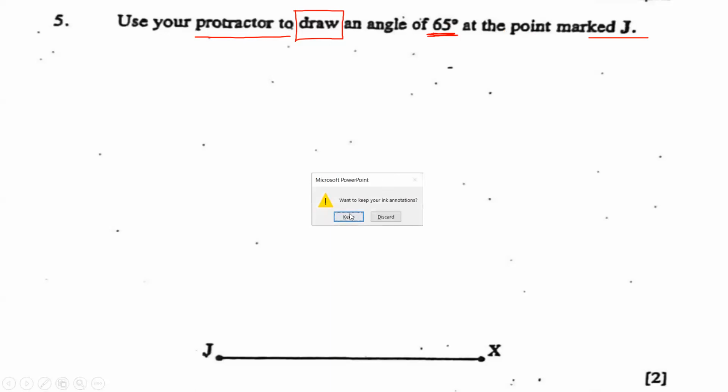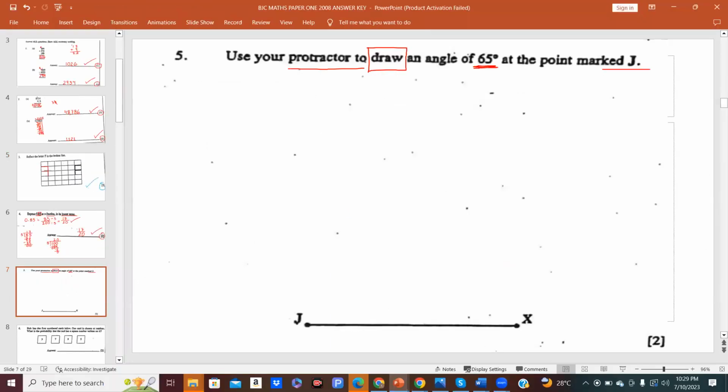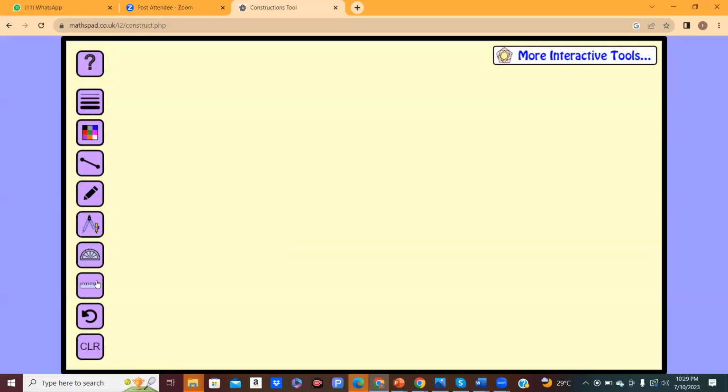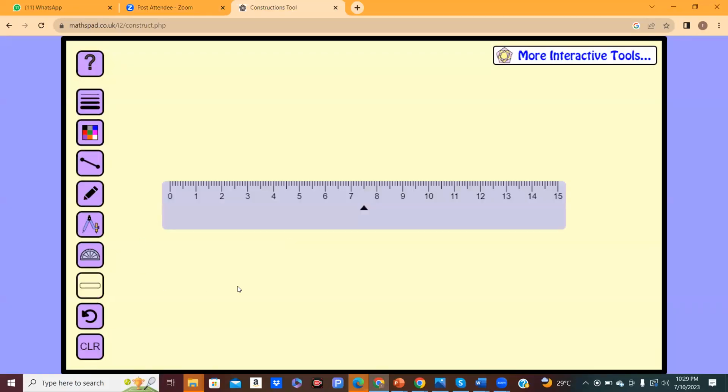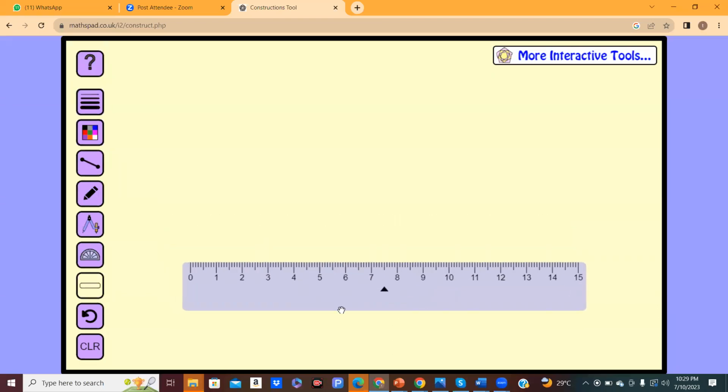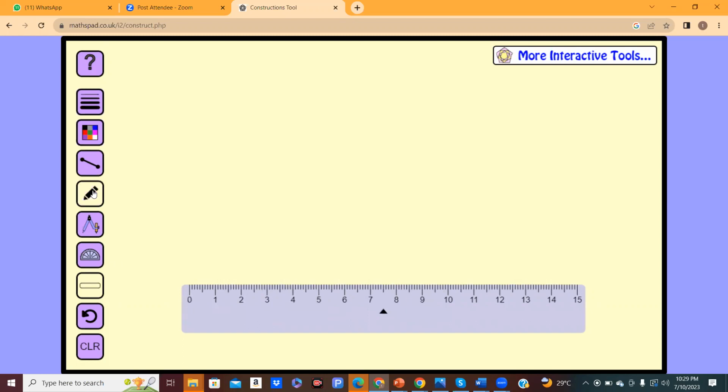So let's do that. If we look carefully, let's construct the line segment back again. So remember the line segment is JX. That's what they gave us. So we have the line segment JX.